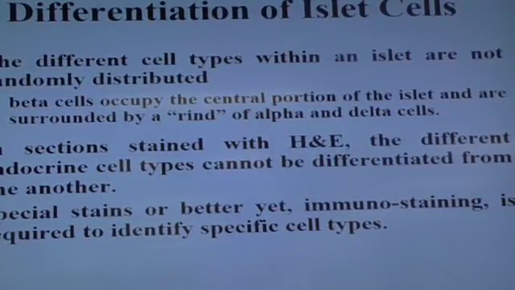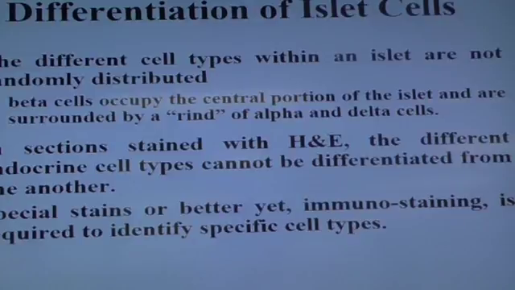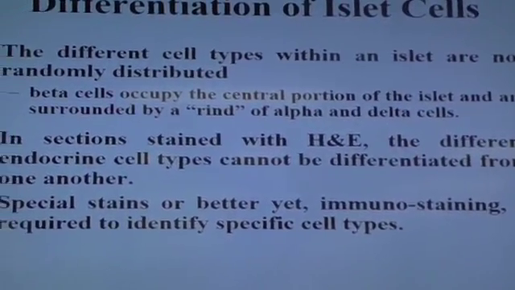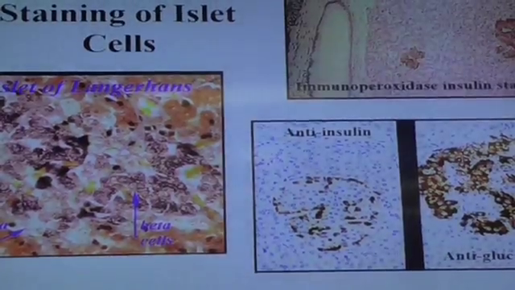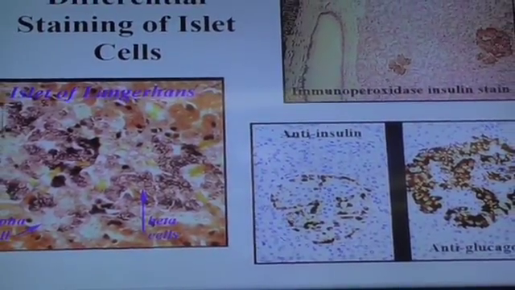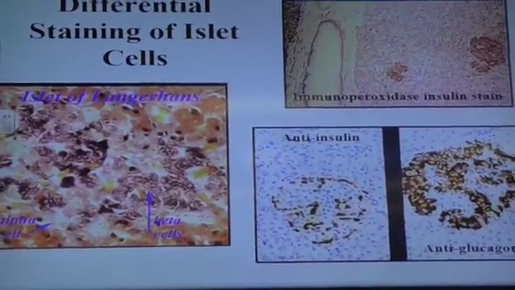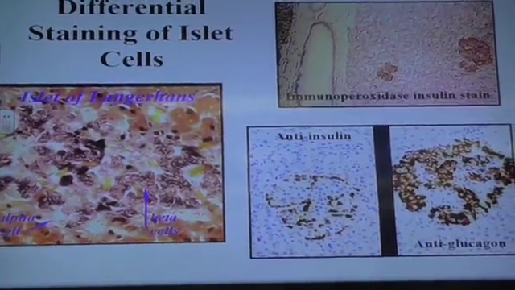Now, why would you want to identify the particular cell types? Well, if it's a tumor, you want to find out which kind it is, and that's what you're going to use that for. This is just showing you some of the differentiation staining here. If you look at the first one, you've got beta cells that are staining differently from alpha cells. You can see the different staining properties.